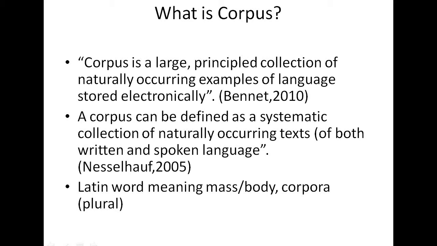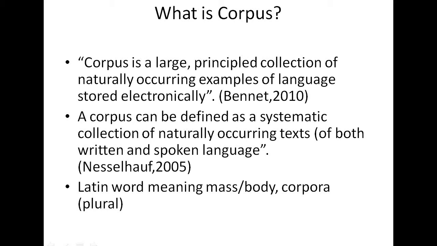Or I say that I am collecting the English newspapers published in Pakistan in the last 10 years. Again, a mass or body, that is the corpus, and it is being collected by following a rule. So this is the explanation of principled collection.